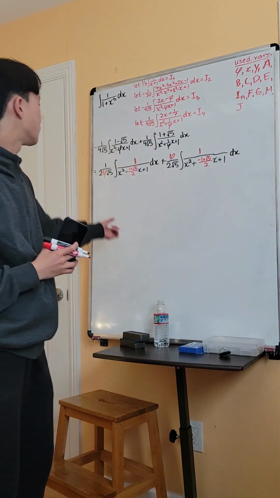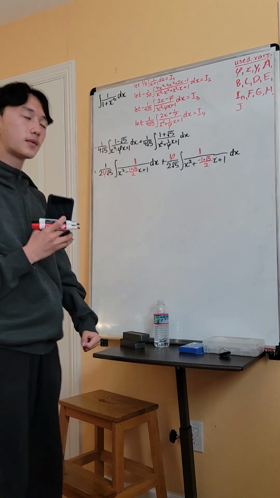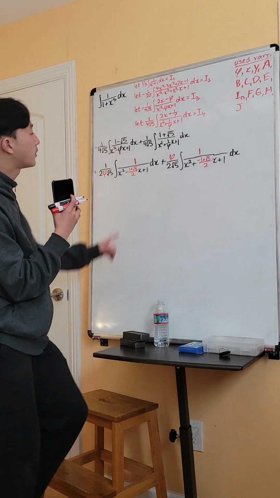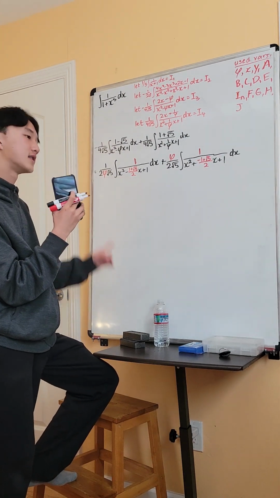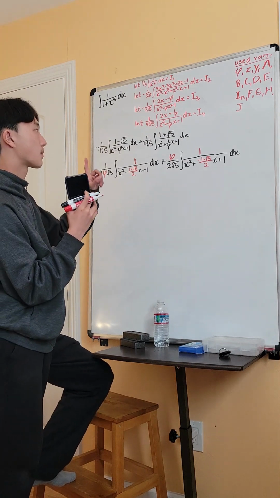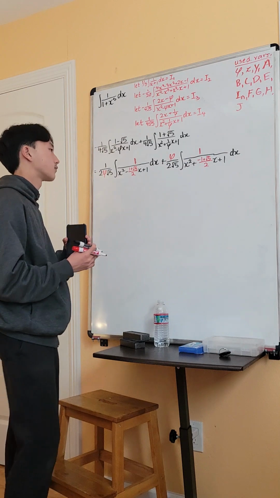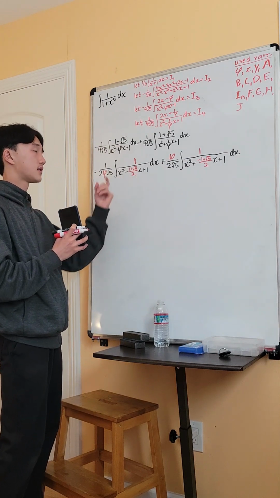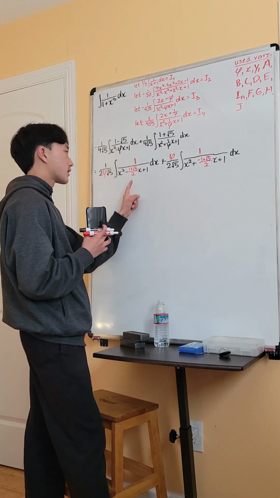Okay, so we got the top sorted out. Now just take a look at the bottom. In the bottom here, we want to complete the square for this value right there. It seems kind of intimidating, but you can complete the square for anything. All I need to do is take the coefficient of x, right?